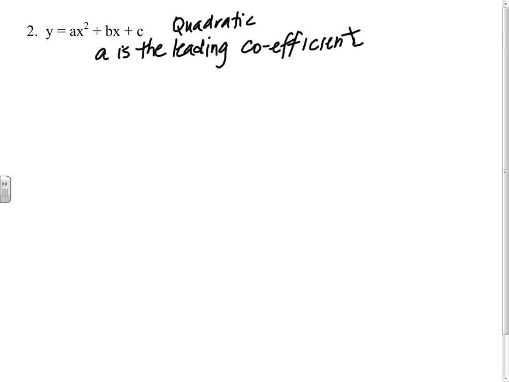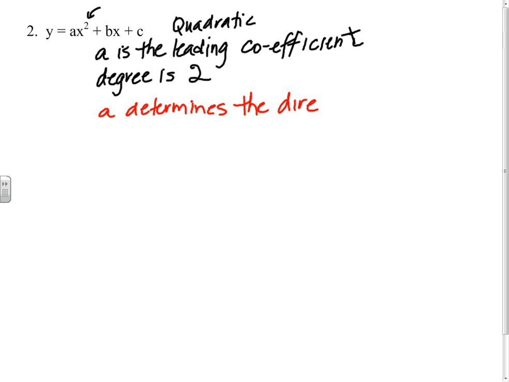The degree of a quadratic is 2. We get that from the largest power of x. A, the leading coefficient, determines the direction of the opening.